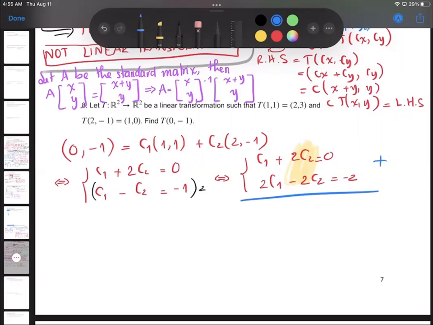And T of 2, -1 is 1, 0. So the first component is -4/3 plus 1/3, which is -3/3, which is -1. And the second component is -2 plus 0, which is -2. And then we're done.